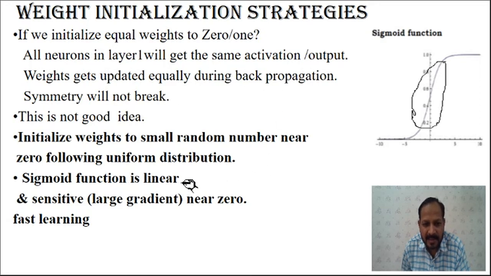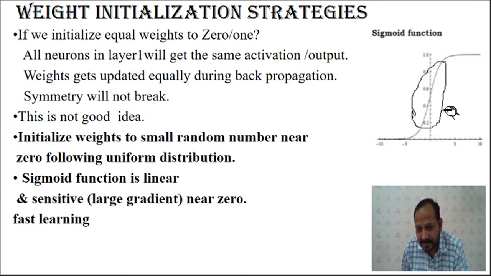The sigmoid function is linear near zero, so you should use very small weight values such that the net value of the function stays within this small range, because within this range the output of the sigmoid function is linear.